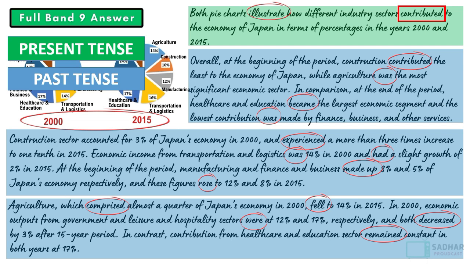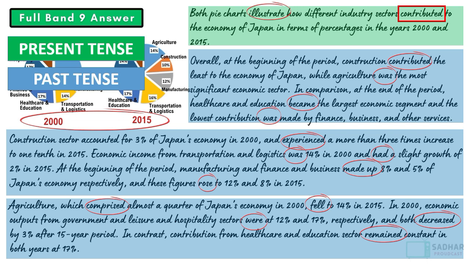Please take note of this word, contributed, although it's in the introduction paragraph. We have to put it in past tense, contributed, because this one is about the data, how different industry sectors contributed in the years 2000 and 2015.